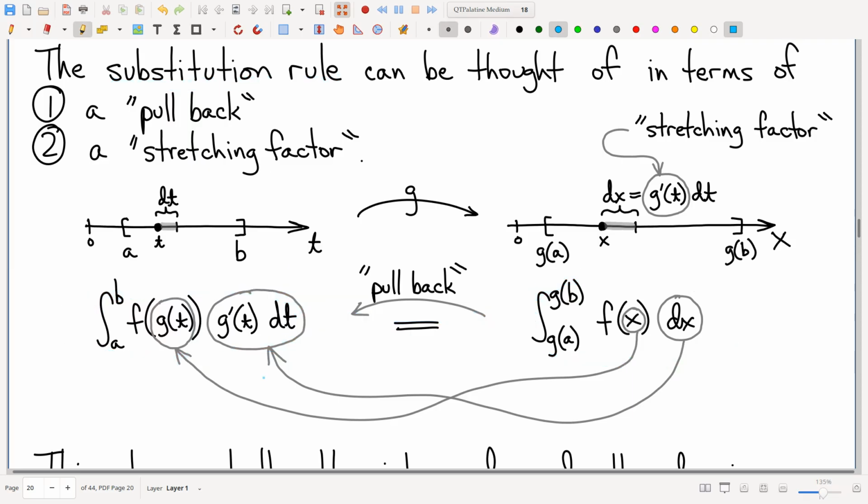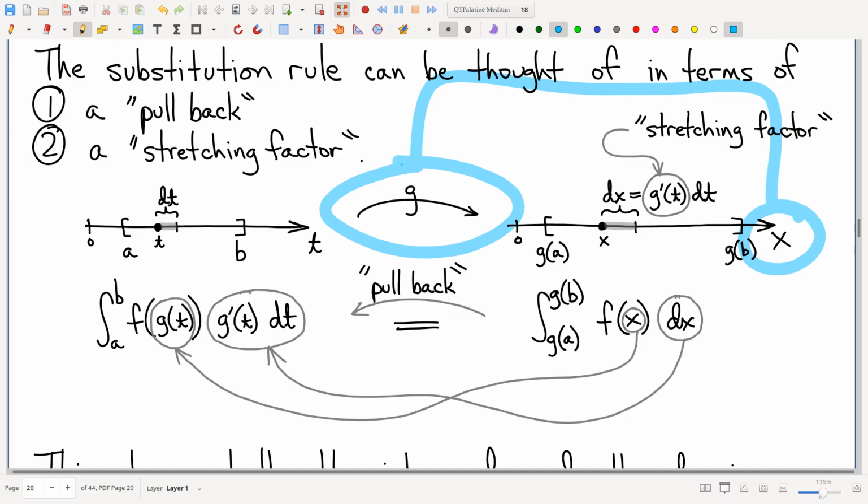So, we've got our substitution where x is g of t, and rather than just writing that as an equation, I'm going to write that with what I call the literal representation of a function. t is the input variable, so I'll draw the t-axis, the domain, on the left. x is the output variable, so I'm going to draw the x-axis, the target, on the right.